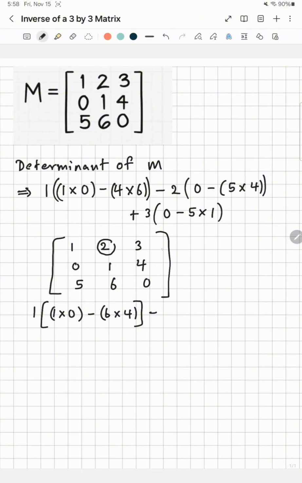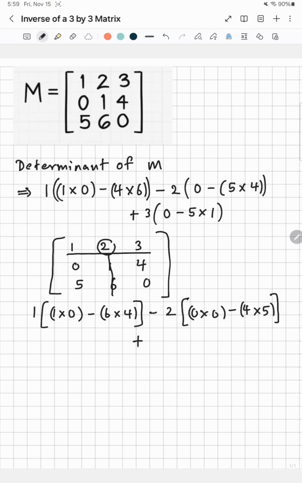So that's the first step. And then you cross the first row and the second column. Then it's going to be 2, and it's always minus, remember that. It's minus 2 into 0 minus 5 into 4, so 4 into 5, the same thing.